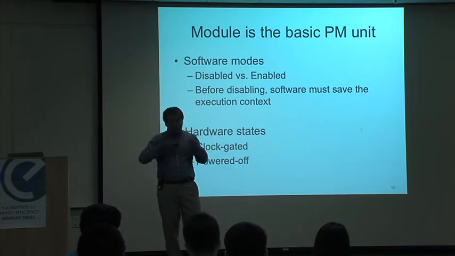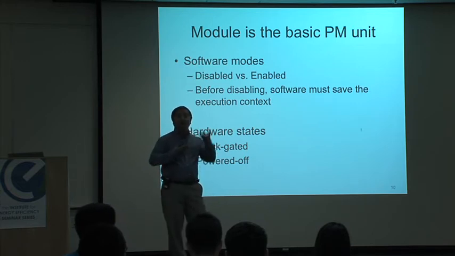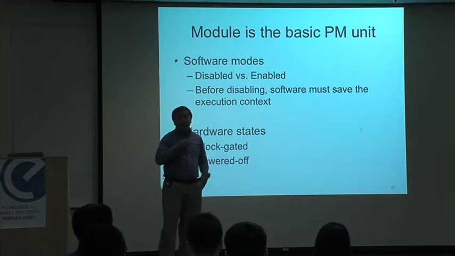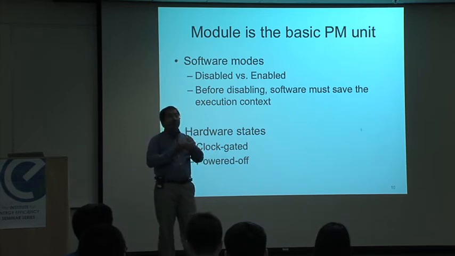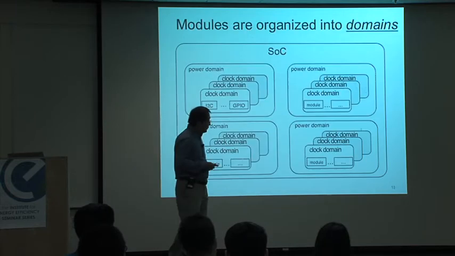The module also has different parts. So you have power states that gate different parts of the module's power and clock to have different levels of trade-off between wake-up latency and power consumption. Okay, this is the distinction between software modes and hardware states.